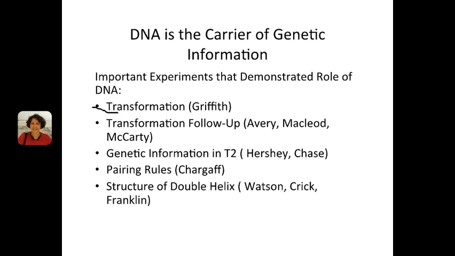They include the transformation experiment by Griffith, the follow-up of that experiment by Avery, MacLeod, and McCarty, the T2 experiment, sometimes called the blender experiment by Hershey and Chase, the determination of the pairing rules by Chargaff, and the elucidation of the structure of the DNA molecule as a double helix by Watson and Crick, with a very important contribution by Franklin.